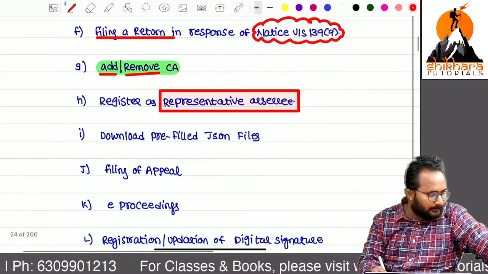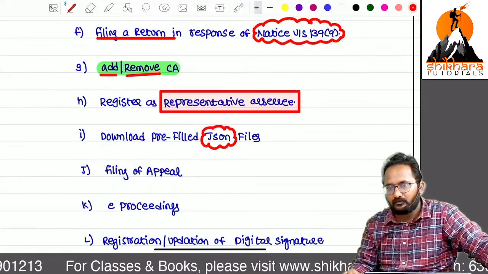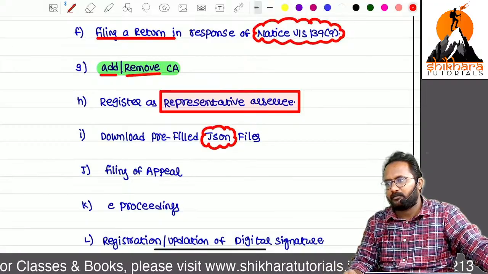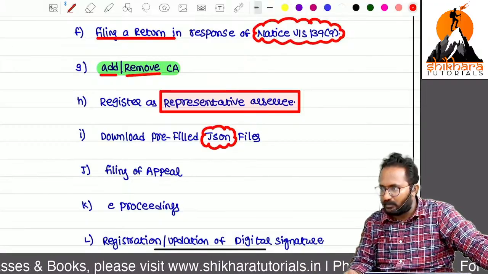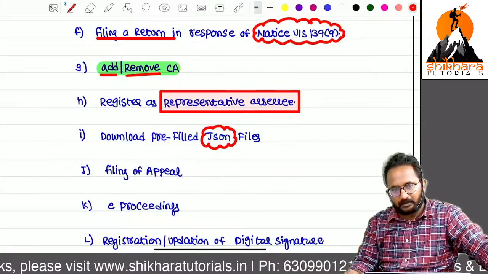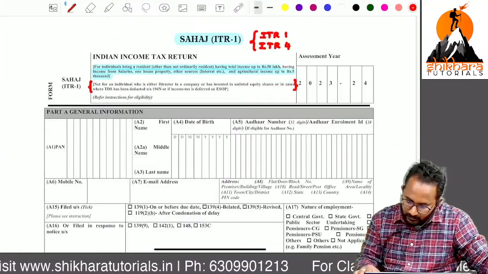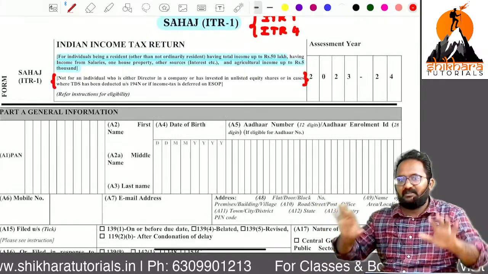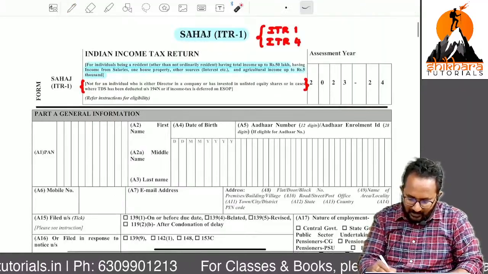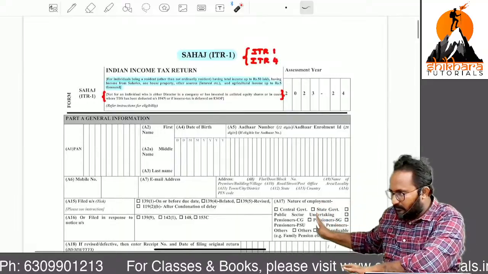Next, it is important, definitely you don't know this: JSON files. If you want to file the return of income using different software or utilities, you can download that already pre-filled data. Normally, if you use the e-filing website, you have to fill all these columns, but this is in PDF format.